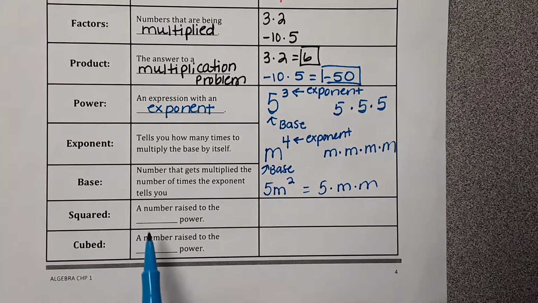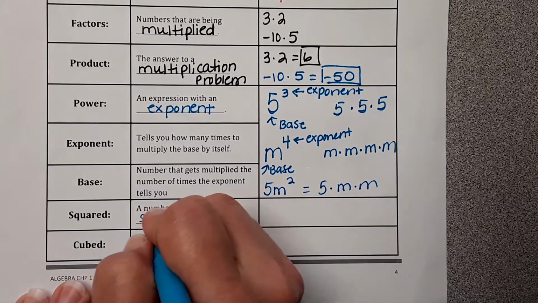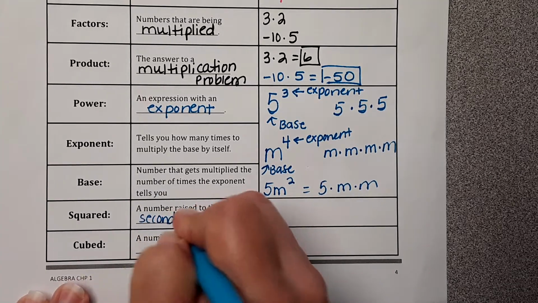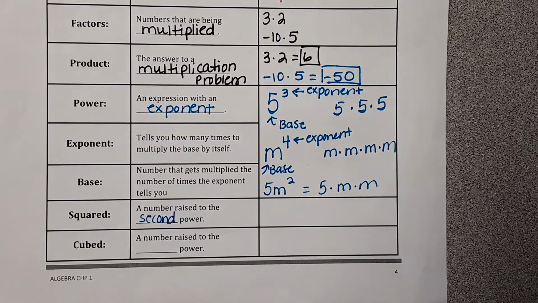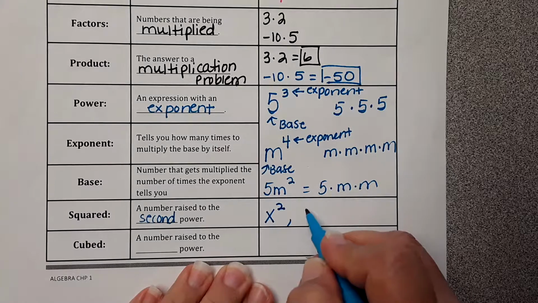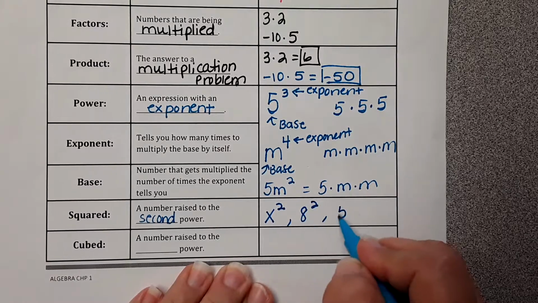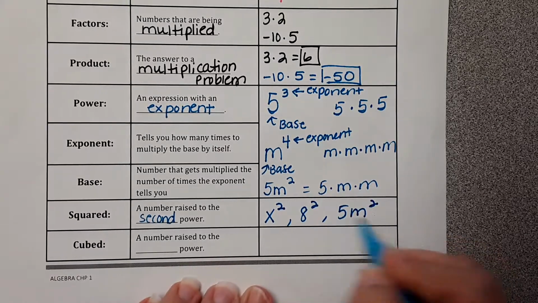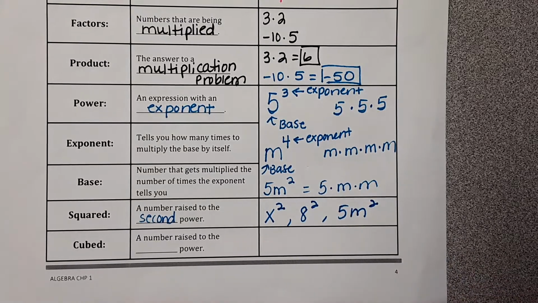Does anybody know a number raised to what power is squared? Yes, it is the second power. So if you have something that says x squared, 8 squared, 5m squared, those are all squared because they all have a 2 in them.